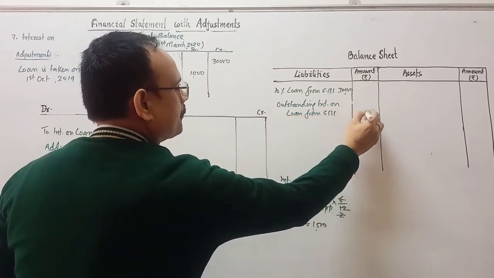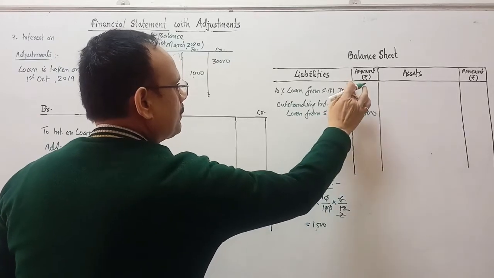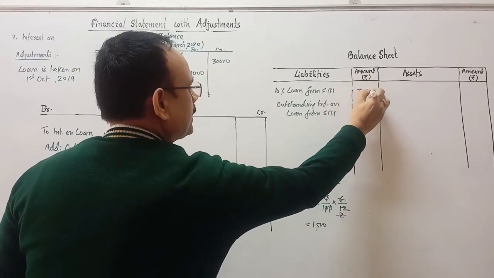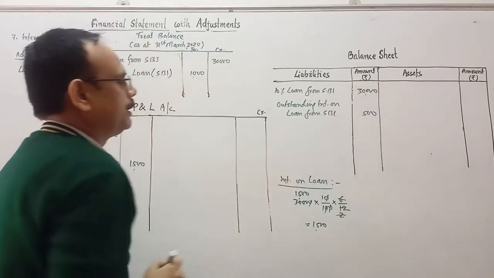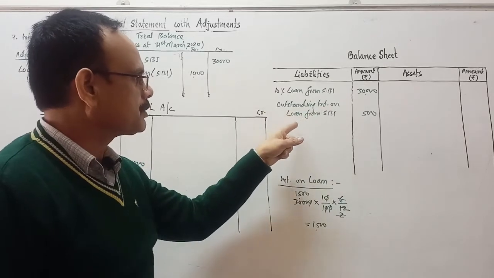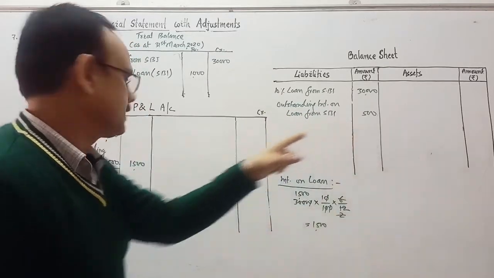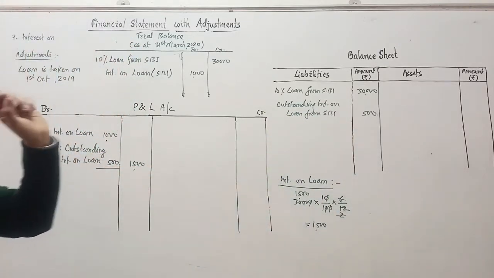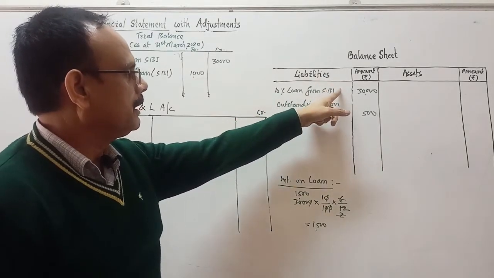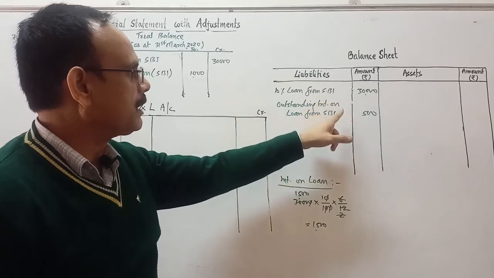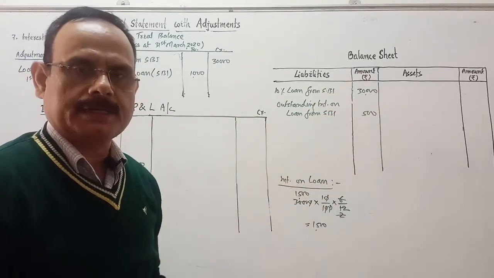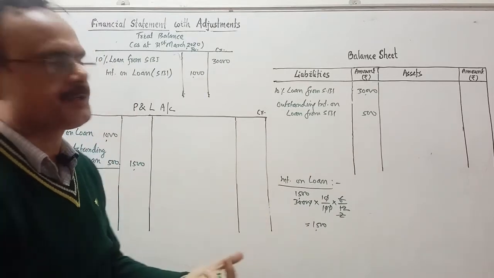How much is it? 500. So the loan amount you may write directly in the outer column, 30,000, the 10% loan from SBI, and write the outstanding interest on loan from SBI, 500. Or another way is, you write the loan from SBI 30,000 and add outstanding 500, and in the outer column you may write 30,500. This is another way of presentation.